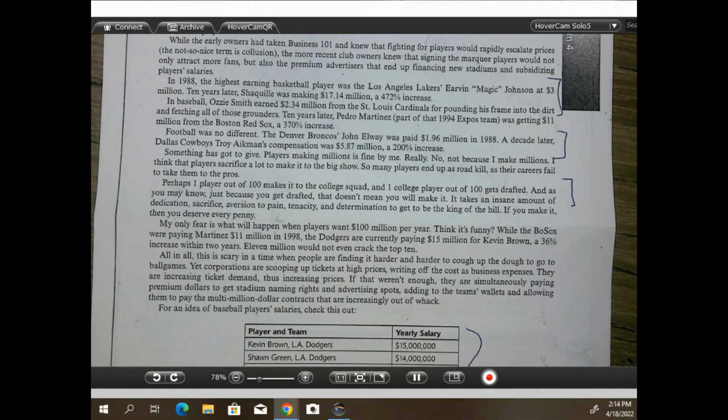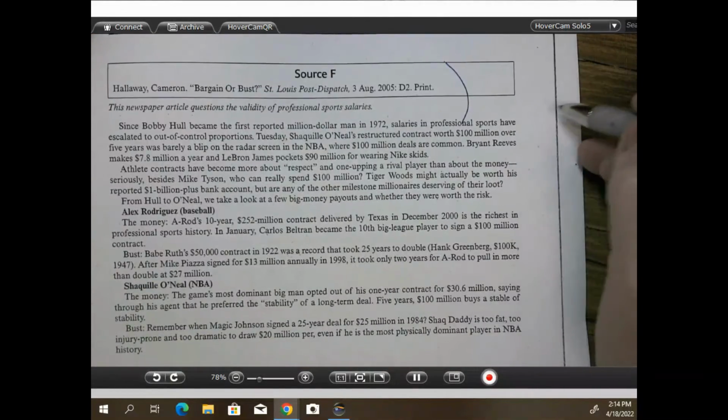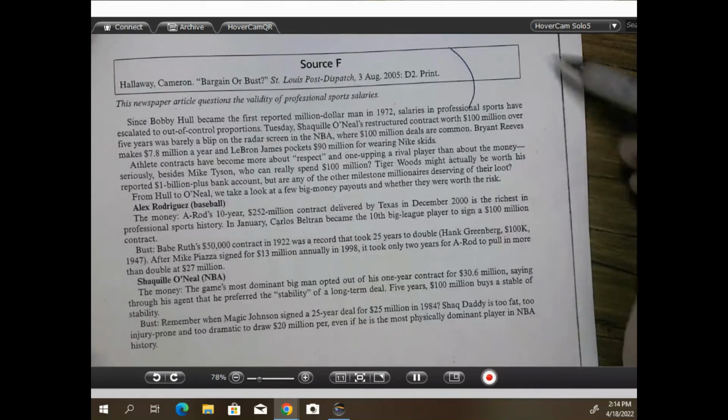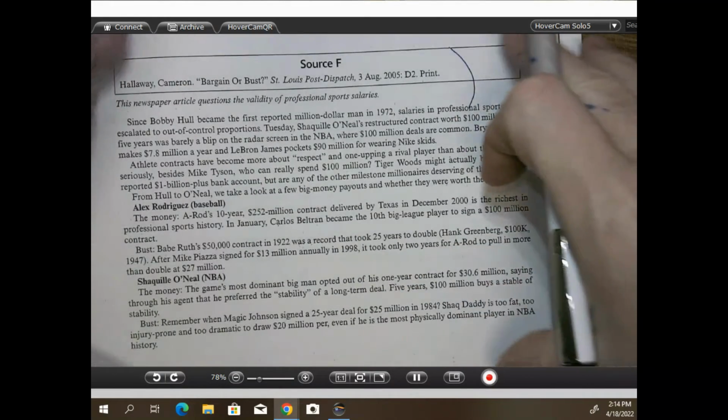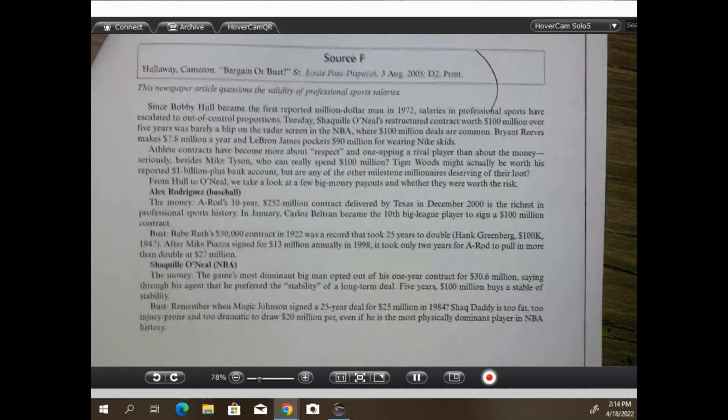So I would definitely start reading source A. I would also start reading source F. Why? Because it has the same credibility as source C, but this has the advantage of being shorter, so I can get through it quicker. So those are the two that I would probably read.